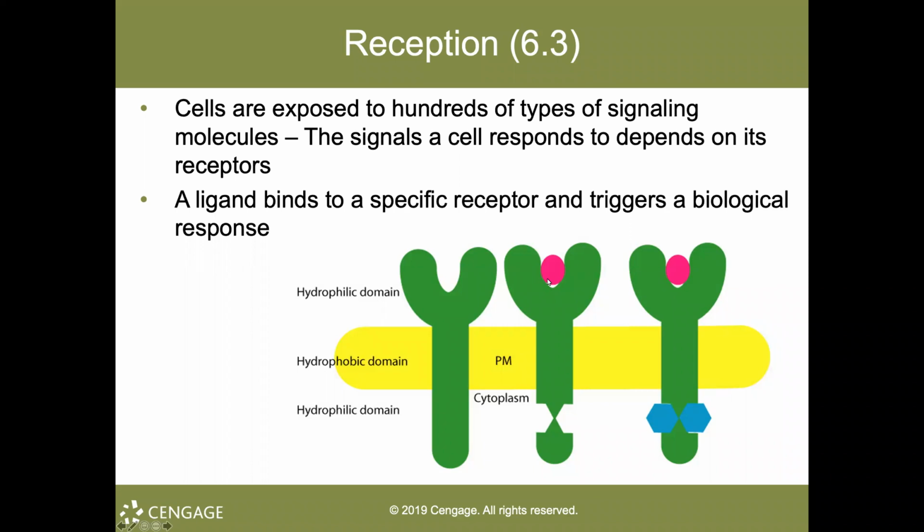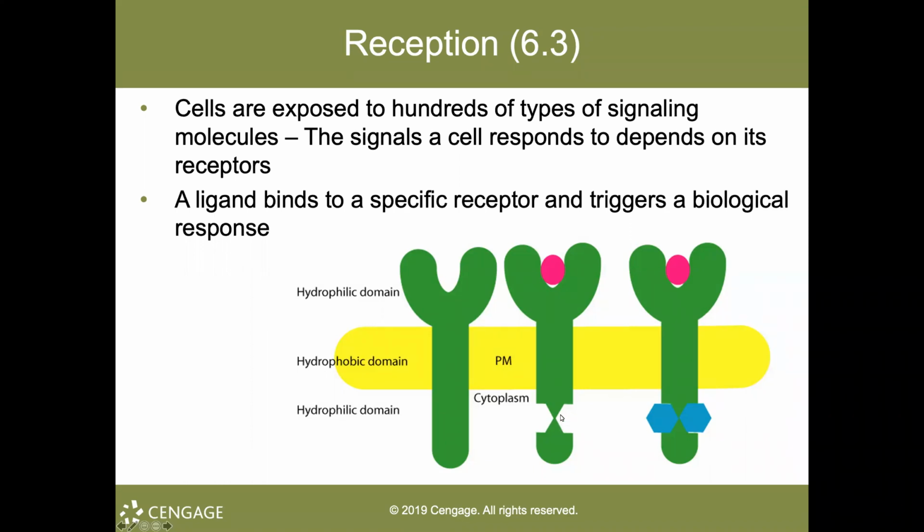Then if you notice the difference between this image and this image, it is the intracellular portion of the receptor. Notice when the ligand binds the receptor, it triggers a conformational change in the intracellular portion of the receptor.